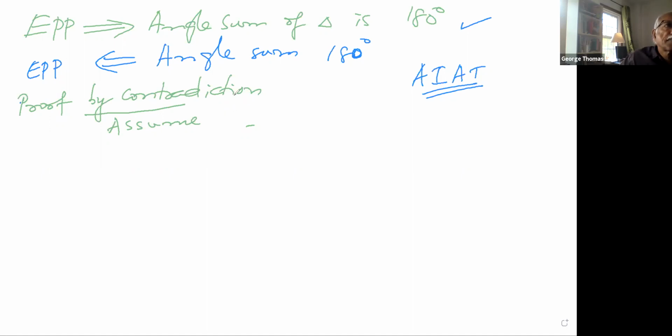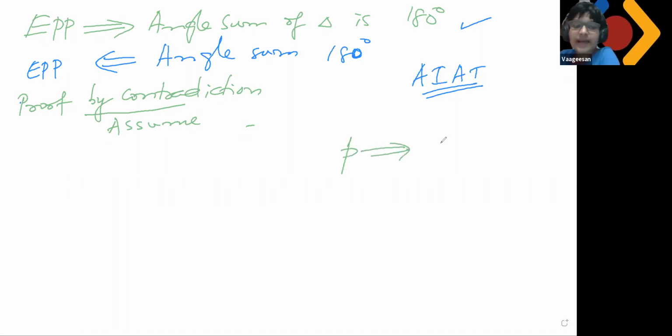Now, let me show you a proof. I want to prove this by contradiction. In a proof by contradiction, what is the first step? You assume something. What are we going to assume if you want to prove this by contradiction? Anyone? We will assume that the angle sum is at 180.